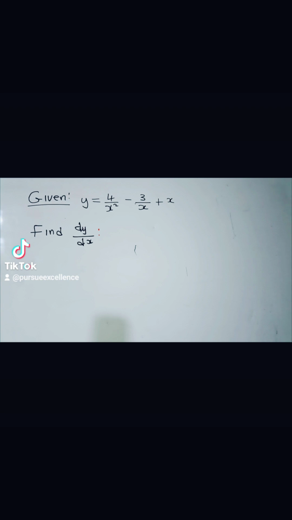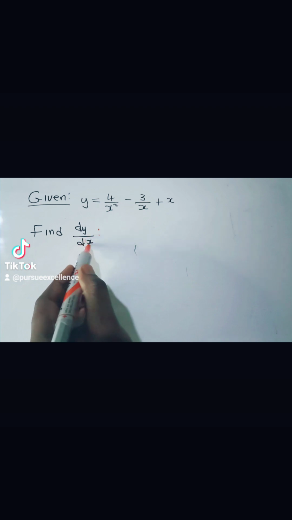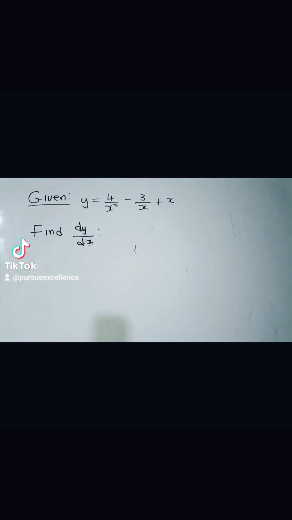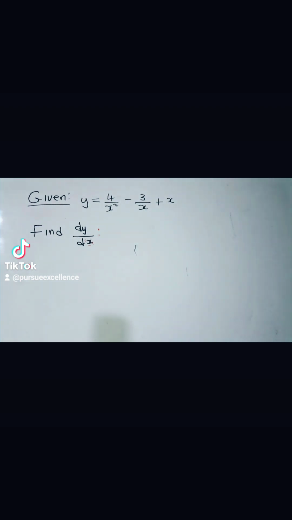Also, since we are finding dy over dx, we are differentiating with respect to x. So we make sure that on our given function this x must always act as a numerator. If it's the denominator, you have to find a way to represent that term where the x will act at the end as the numerator.